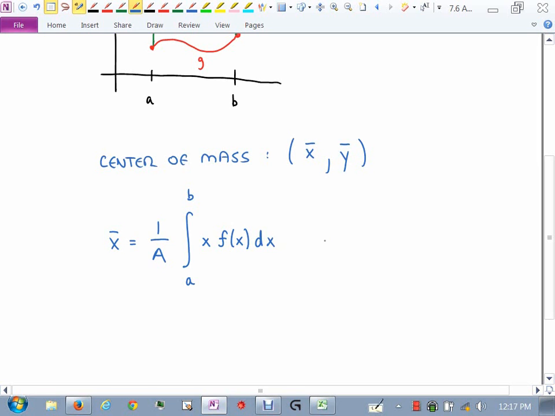And then your y bar will be 1 over the area, a to b. Now this one's a little different. 1/2, which we could have pulled out, but I'm just showing you the similarities and differences between these two formulas, of the function squared dx.